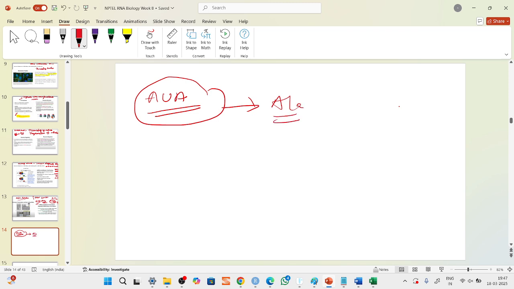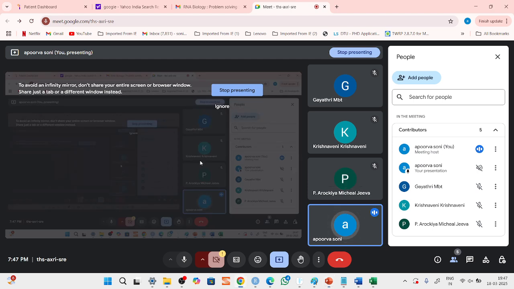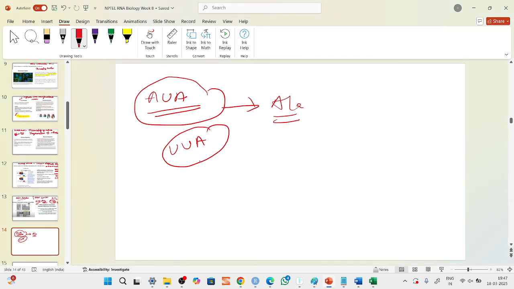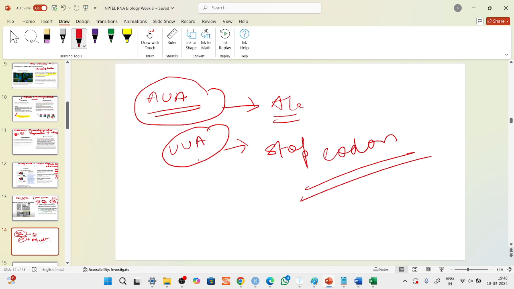Now it has been changed in such a way that it becomes UUA. Now what does UUA stand for? Can anybody tell me? UUA, UAG, UGA. It stands for a stop codon.